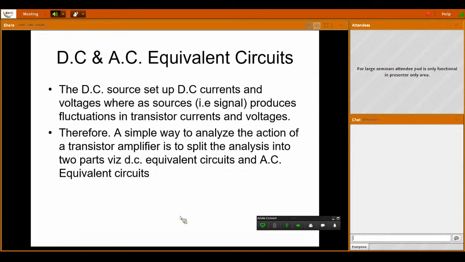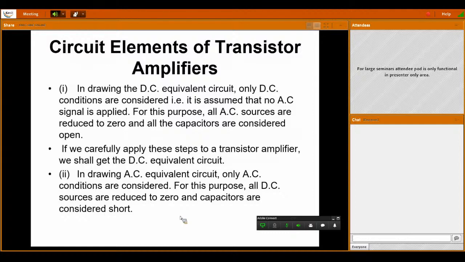So we have to ground your DC signal, as well as short circuit your coupling capacitors, since for AC signals the reactance offered by those capacitors is very less, so it is treated as a short circuit. Like this, in two ways, we will analyze your CE amplifier stage.